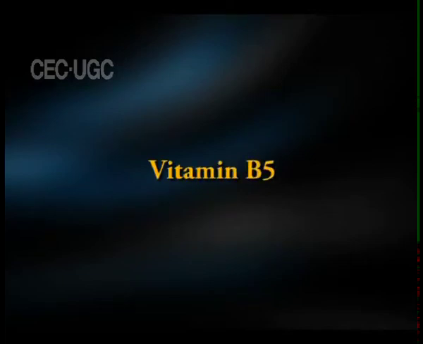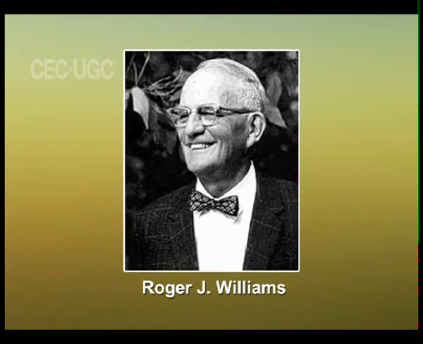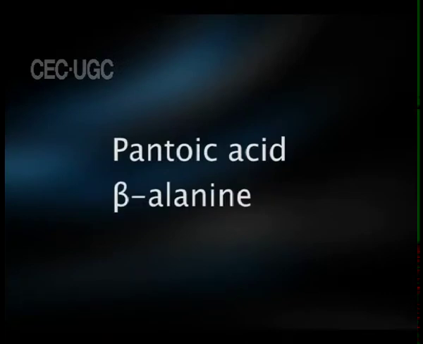Vitamin B5. Vitamin B5, also known as pantothenic acid or pantothenate, is a water-soluble vitamin discovered by Roger J. Williams in 1919. It is the amide between pantoic acid and beta-alanine.